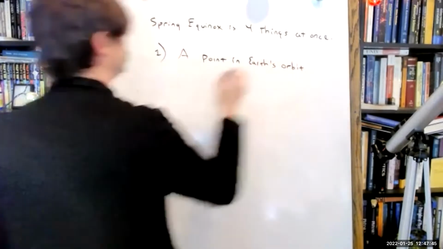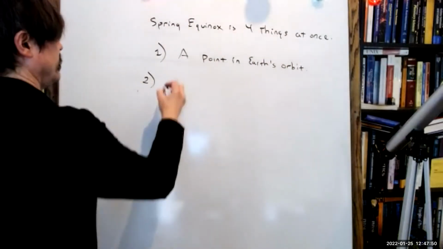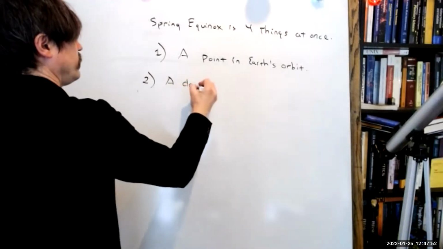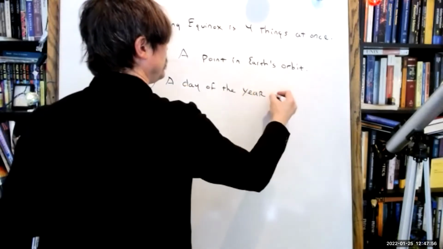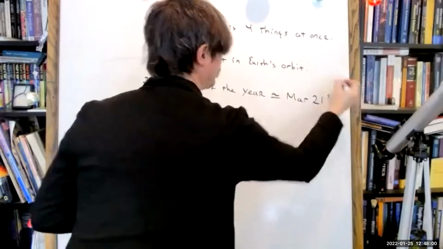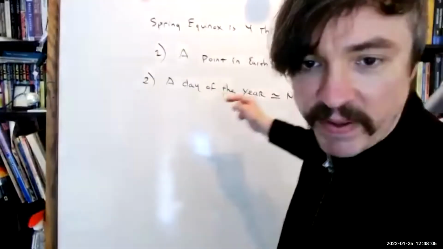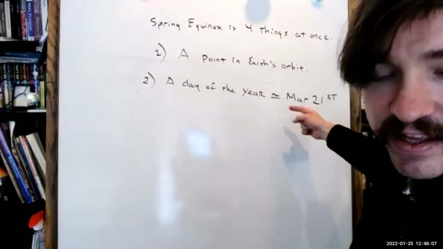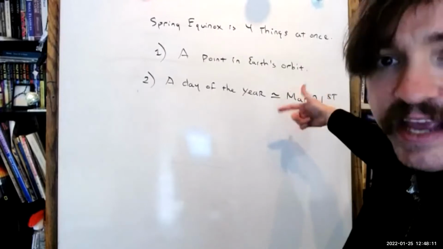Number 2, it is also a day of the year, which is approximately or roughly March 21st. Because of leap years, because there's not exactly an equal number of days in a year, the spring equinox will drift by about a day each year.